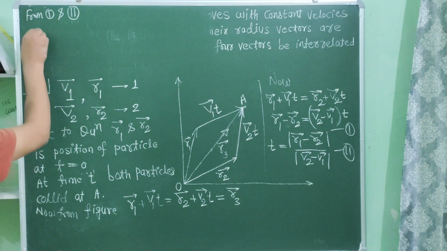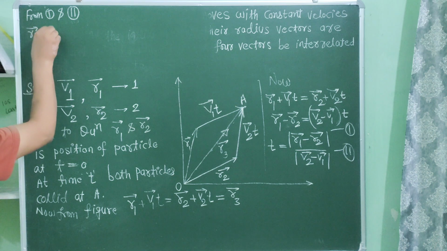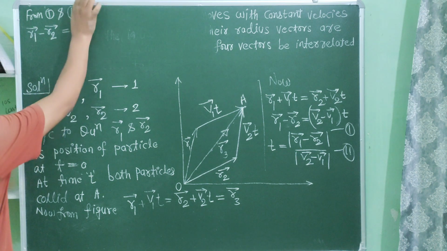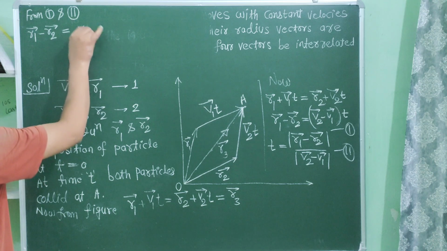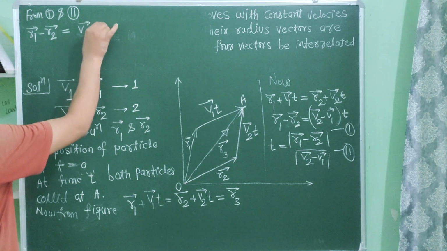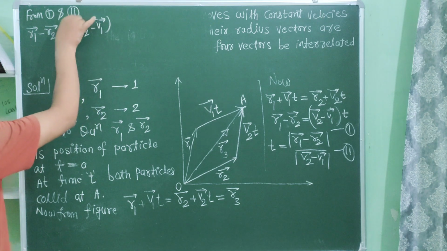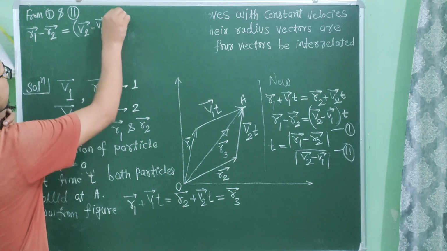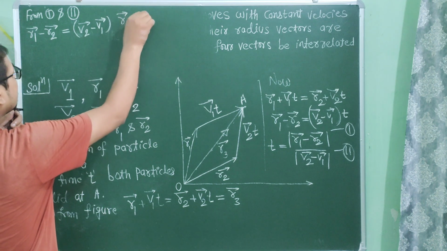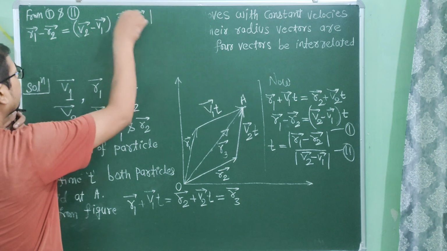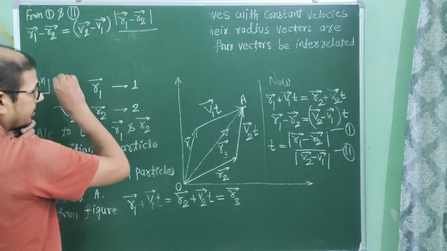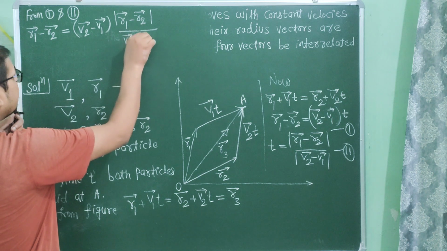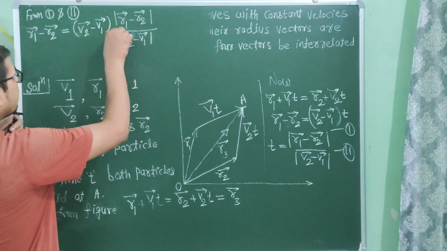R1 vector minus R2 vector equal to V2 vector minus V1 vector into t. R1 vector minus R2 vector modulus divided by V2 vector minus V1 vector modulus.